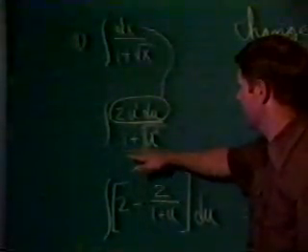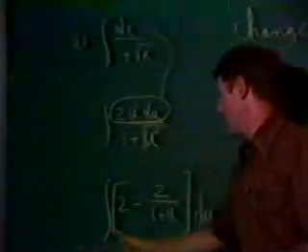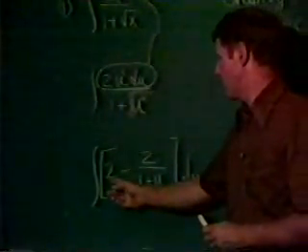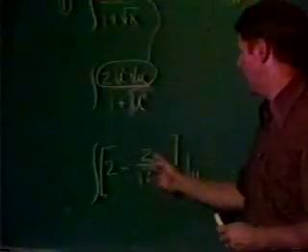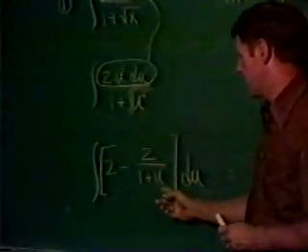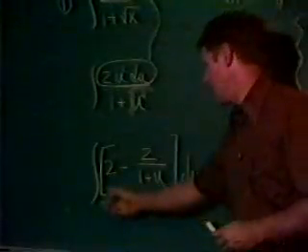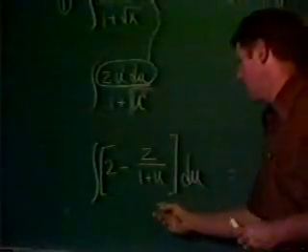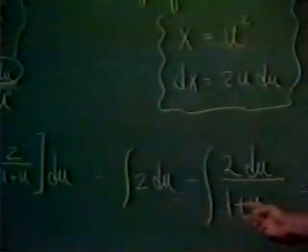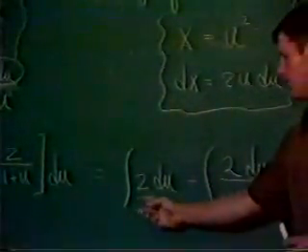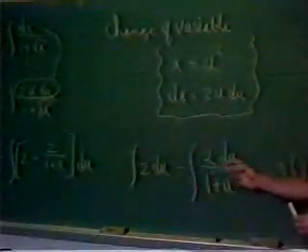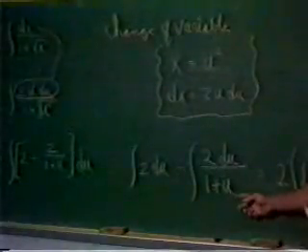Undertaking that division, you'll get the integral of the quantity 2, this is the quotient when you divide, minus 2 over 1 plus u, this is the remainder, all times du. Okay, now continuing with what we already know of integration, breaking this into two separate integrals, we'd get the integral of 2 du minus the integral of 2 du over 1 plus u.